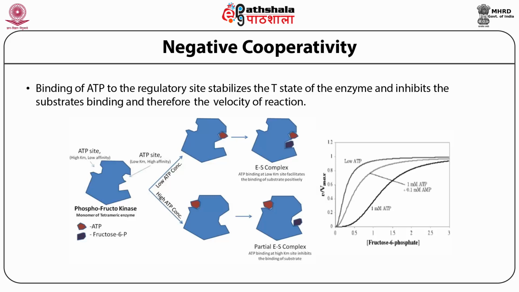In the graph plotted between reaction velocity and fructose 6-phosphate concentration, one can see a very short initial lag phase in the sigmoidal curve at low ATP concentration. However, when the ATP concentration is very high, like 1 millimolar ATP, the binding is relatively delayed, and the reaction is also slower in that case.